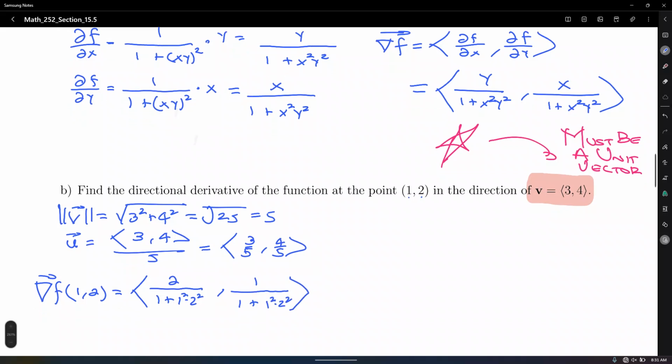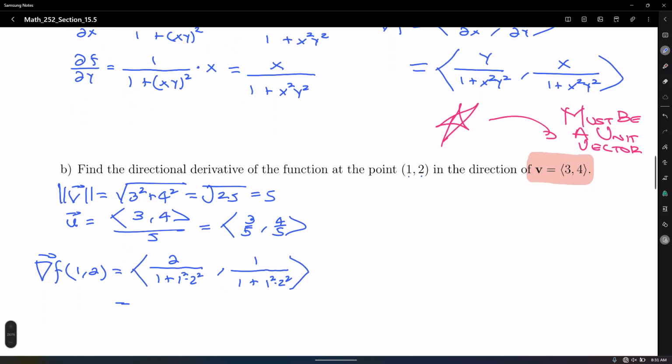And we may go ahead and simplify this vector. That is 4 plus 1, that equals 5. That's 2/5, comma, 1/5. By the way, that vector in the direction in which we want to find the directional derivative must be a unit vector. Again, let me reiterate that.